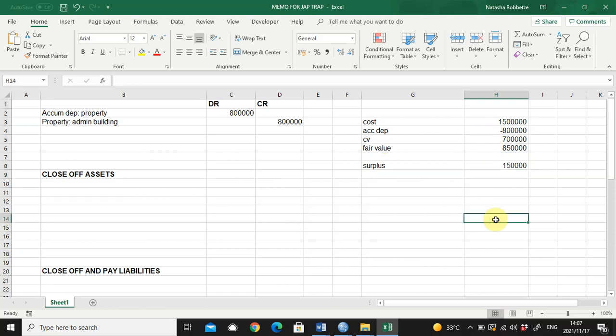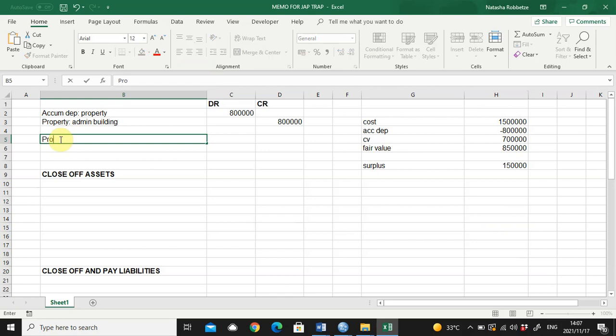In order to account for this surplus, we will say we need to increase the property value. So we're going to debit property, admin building, and we are going to credit the revaluation reserve.